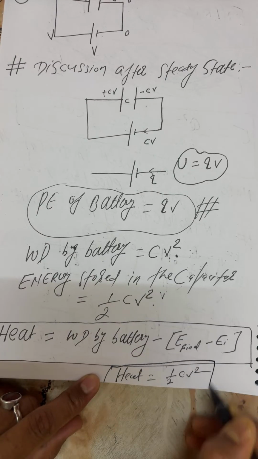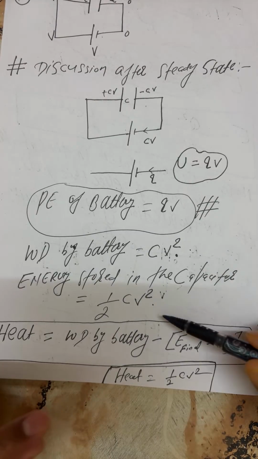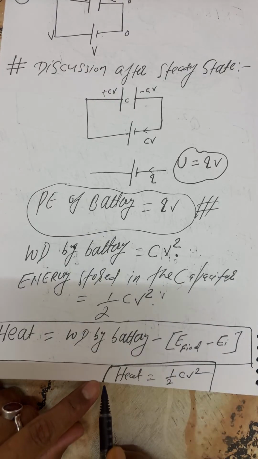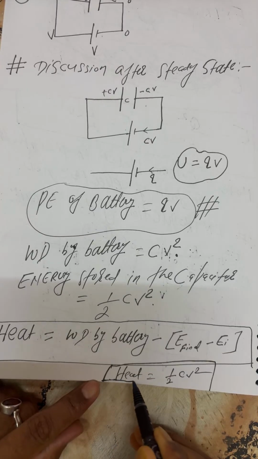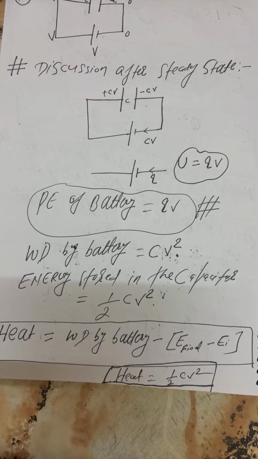The work done by the battery is CV square, and the energy stored is half CV square, so the remaining half CV square is converted into heat. Very interesting.